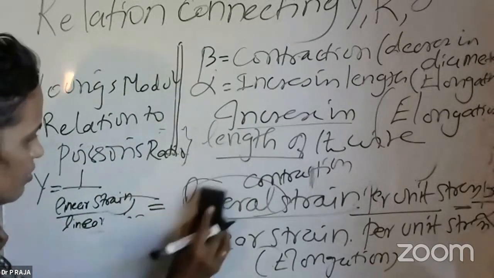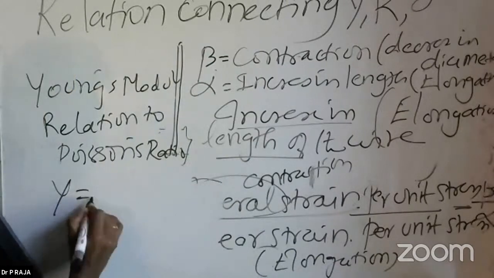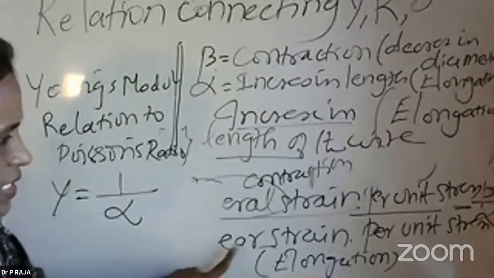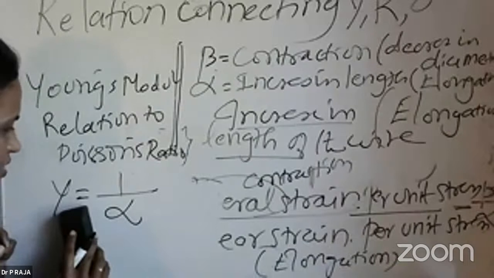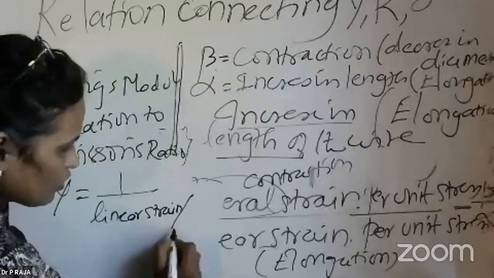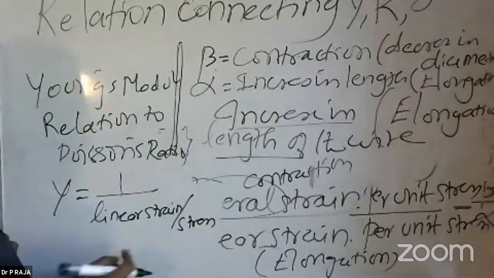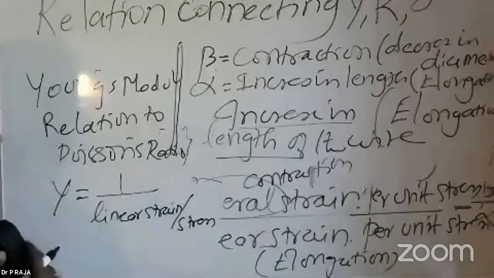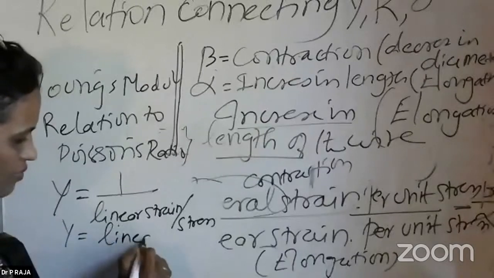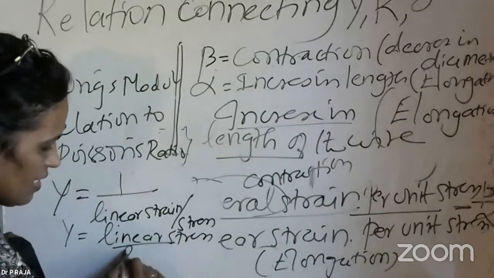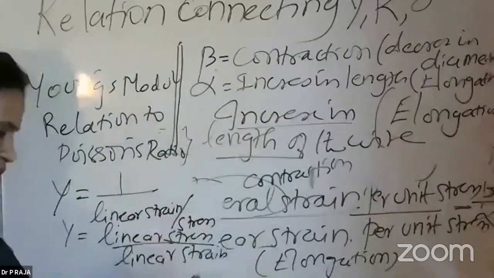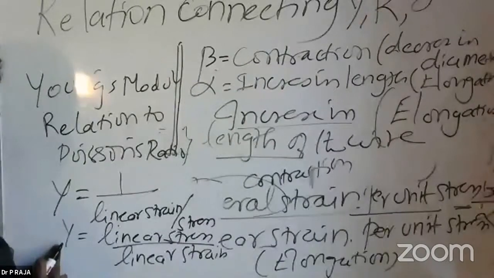Let me find this now. Y is equal to 1 by alpha. Alpha is what? Linear strain per unit stress. If you take this term to the numerator, it is going to be Y is equal to linear stress by linear strain, which is nothing but equivalent to the Young's modulus itself.